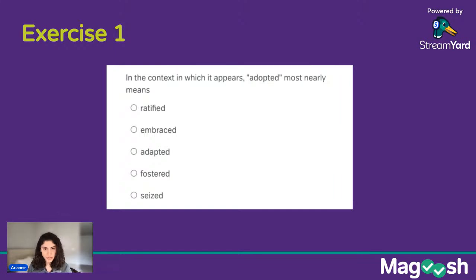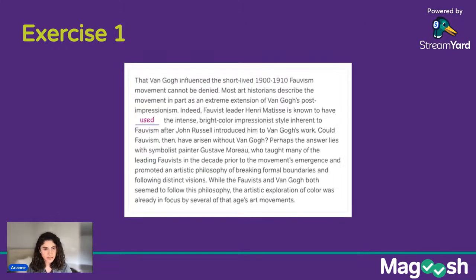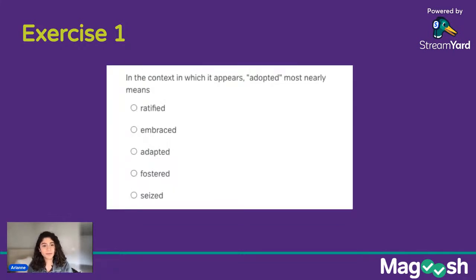In the sentence, if we go back to the passage, we are not told about anything in terms of Matisse growing this impressionist style. We just know that he used it. So fostered, it's debatable whether you want to eliminate it or not, but the nuance there is a little bit off from what we're looking for, which is more straight to the point.